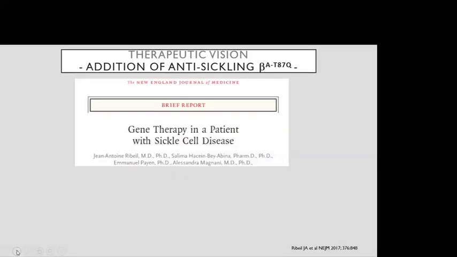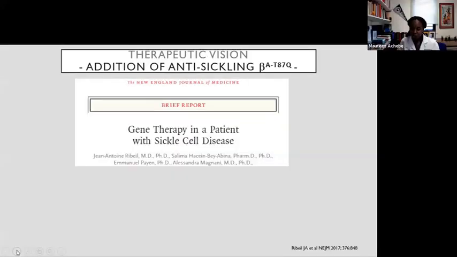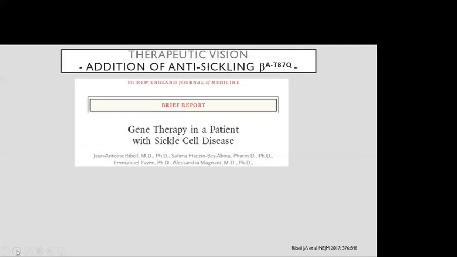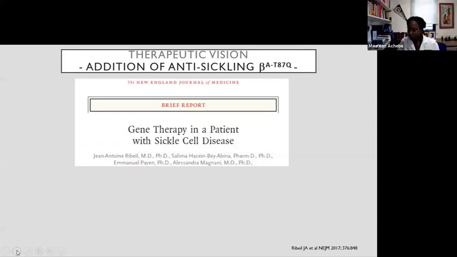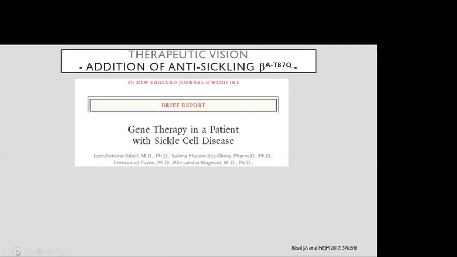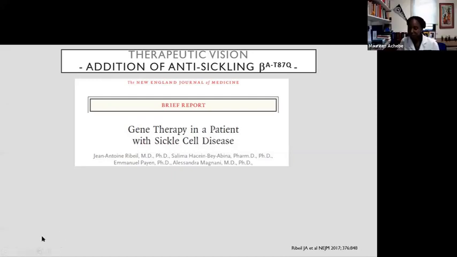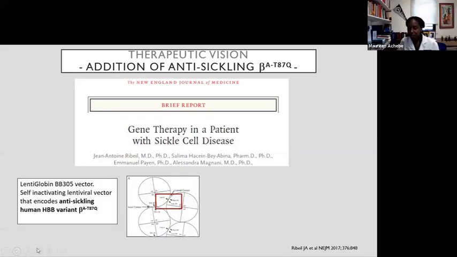You may remember in 2017, the New England Journal of Medicine presented a patient who had gene therapy with a different program. In their program, they took advantage of this molecular contact that allows for polymerization.